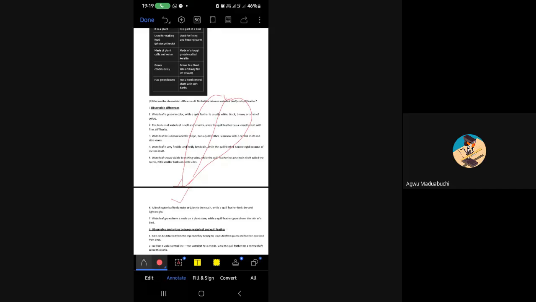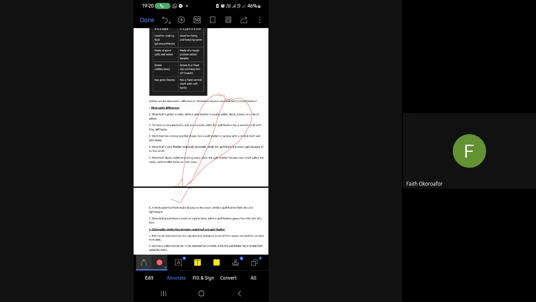Do you get it? Do you understand what I do? Yes, ma'am. So the tip is not pointed. That is a detail of water leaf that you need to take note of.